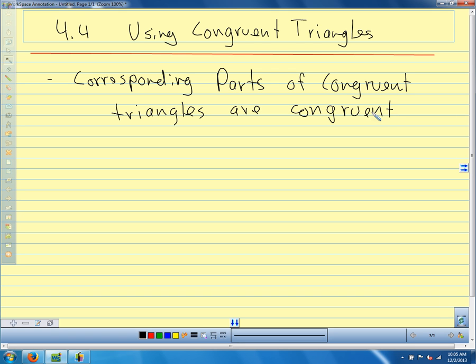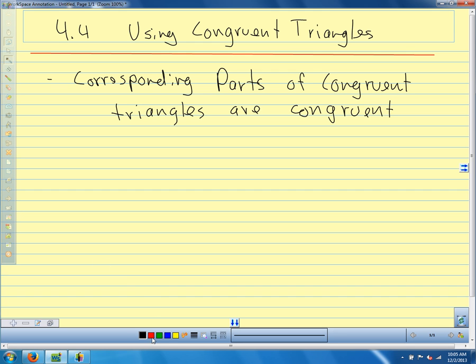If we can show that the triangles are congruent, then we know that all the matching parts are congruent. When we use these shortcuts, angle side angle, side side side, we're only showing that some of the parts are congruent, and that guarantees us that the triangles are congruent. What we're doing with this is saying that if we know the triangles are congruent, then all the corresponding parts have to be congruent.